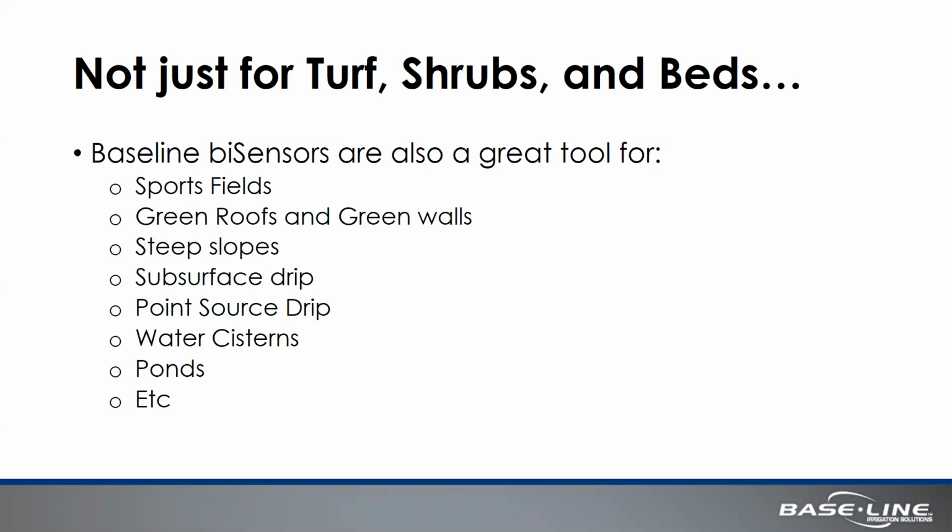So there's a significant amount of information available on the Baseline website that can be referenced to learn how to use the sensor technology and get data from those sensors in order to help irrigate the landscape, but also manage water sources at the same time.